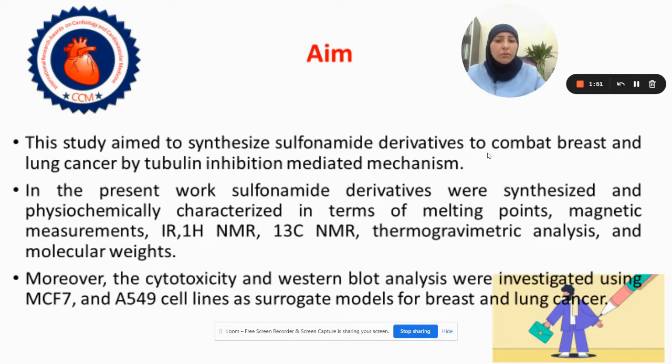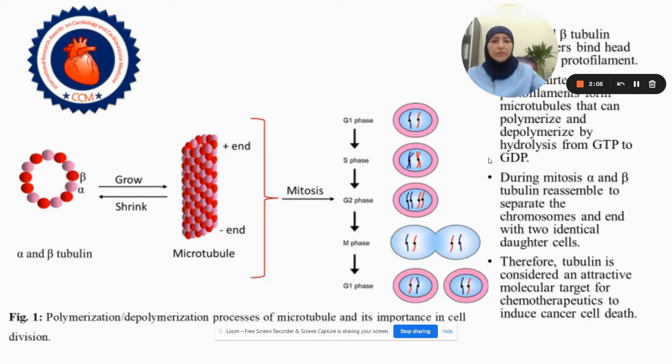Moreover, we ran Western blot and MTT assay to measure the cytotoxicity of our agent with the MCF7 breast cancer cell line and the A549 lung cancer cell line as surrogate models.